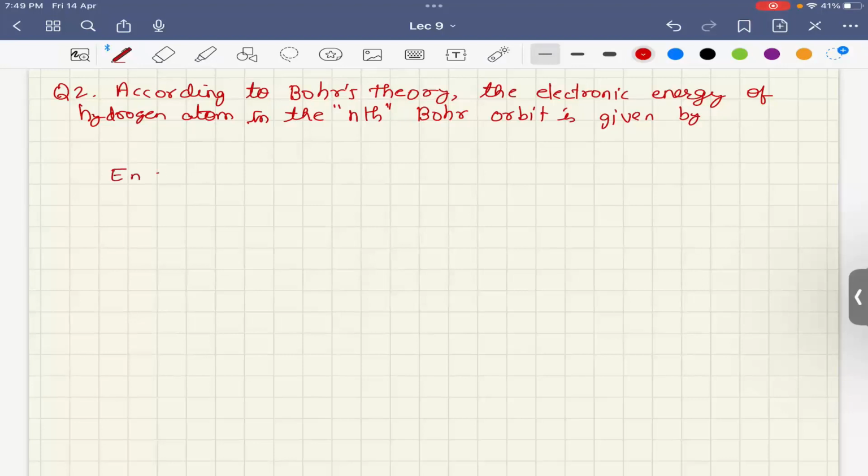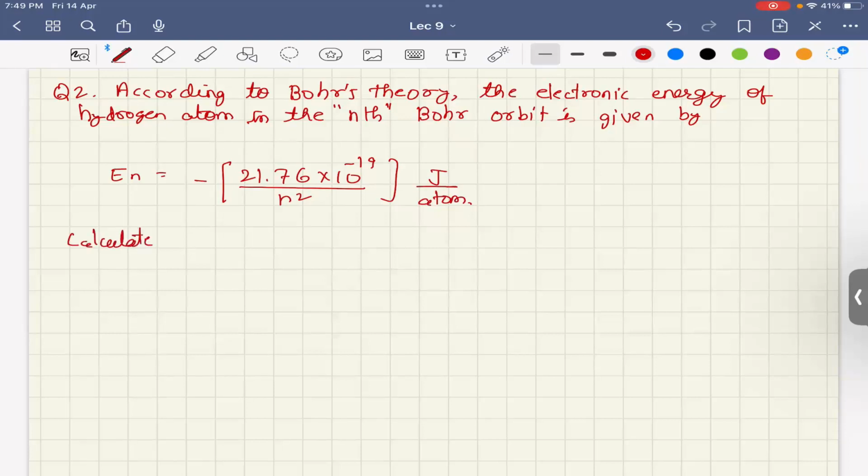En is nothing but minus 21.76 × 10^-19 by n square joule per atom. Right? Now what we have to do?